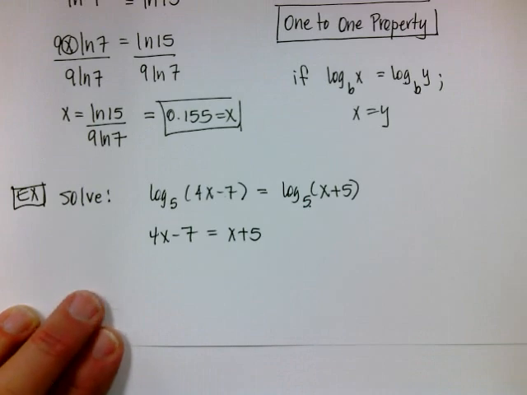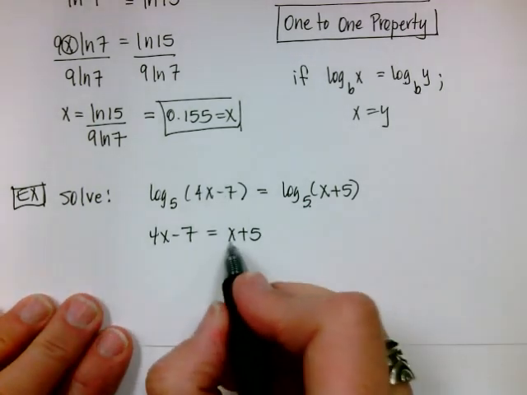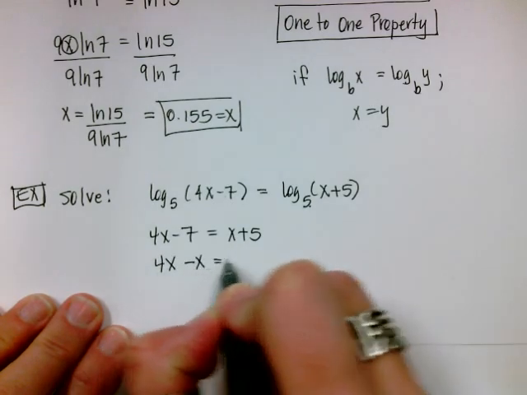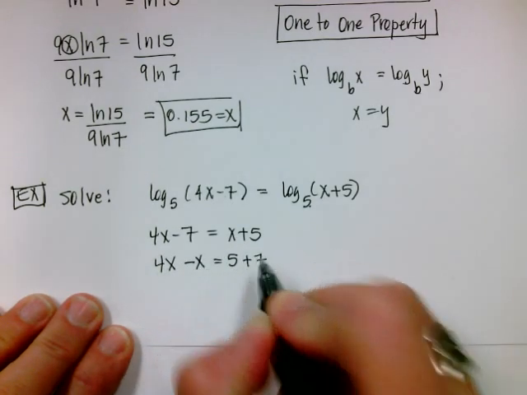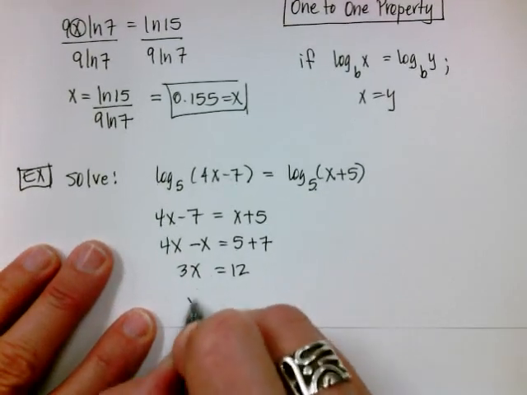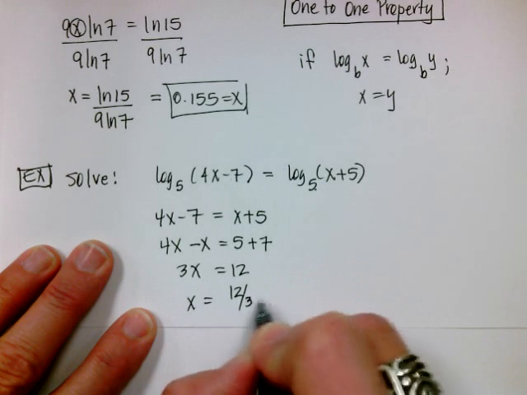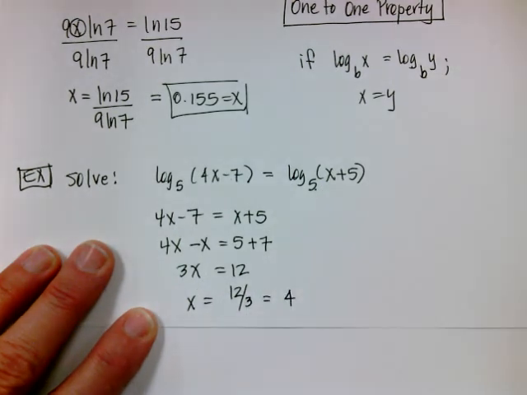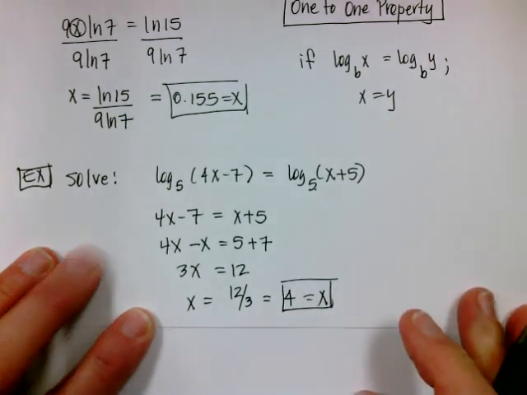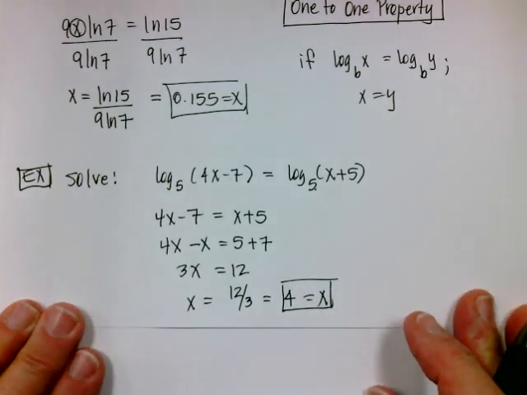So that's using that one-to-one property. Subtract and add. So I'm going to get 4x minus x is equal to 5 plus 7. So I get 3x is equal to 12. And then x is 12 divided by 3, which is 4. So there's our solution, and we used the one-to-one property on that one.